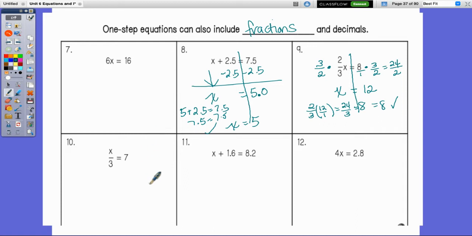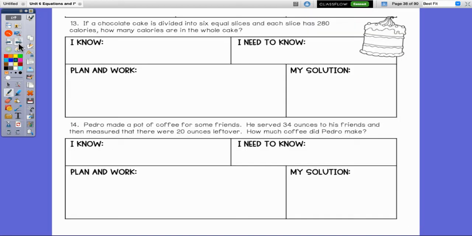Okay, you guys are going to do 7, 10, 11, and 12. I'm going to do one of the word problems, and you're going to do the other. Okay. If a chocolate cake is divided into 6 equal slices, oh, there we go. I know I'm going to divide by 6. Look at that. And each slice has 280 calories. How many calories are in the whole cake?